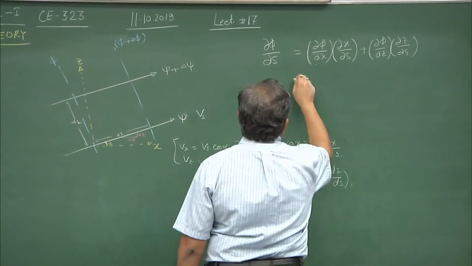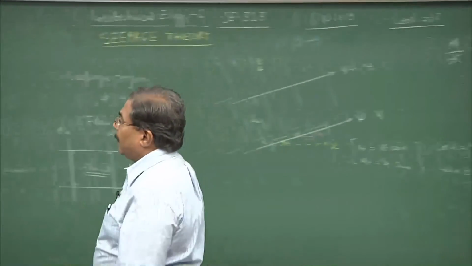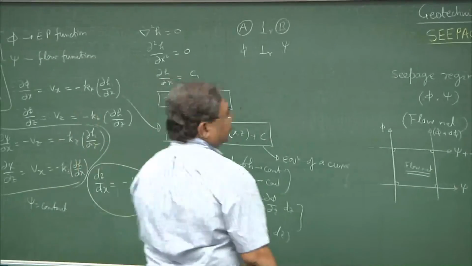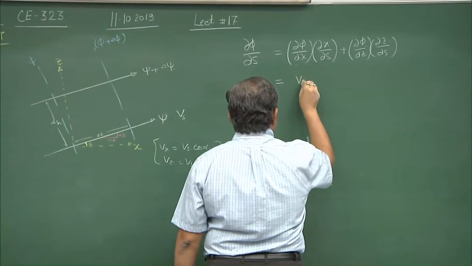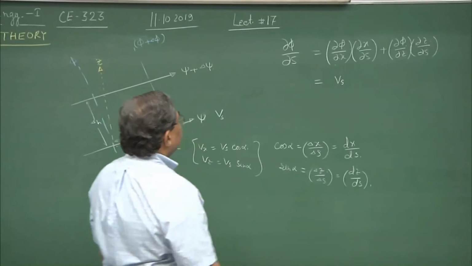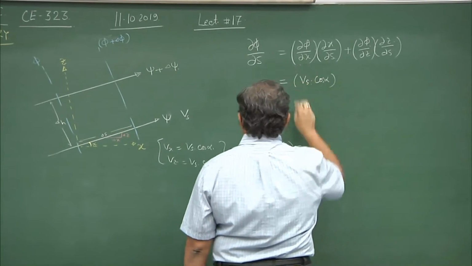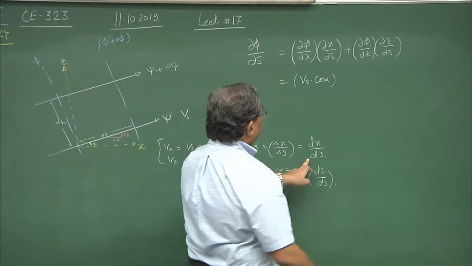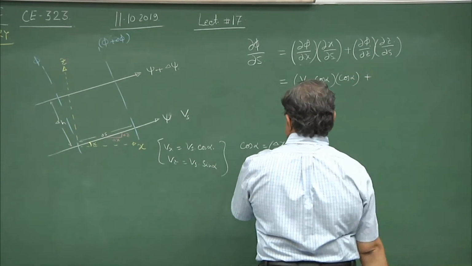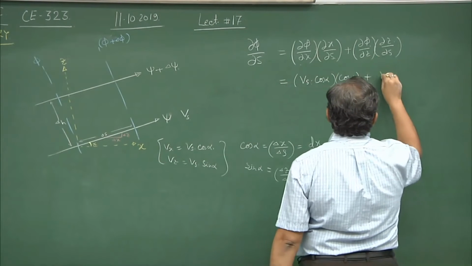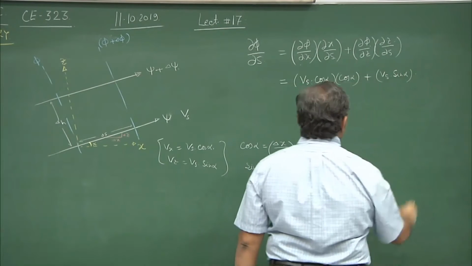So, what is del phi by del x? Del phi by del x is V x. So, V s is V x into cos alpha, and dx by ds is cos alpha, plus this will be V s sin alpha into sin alpha.